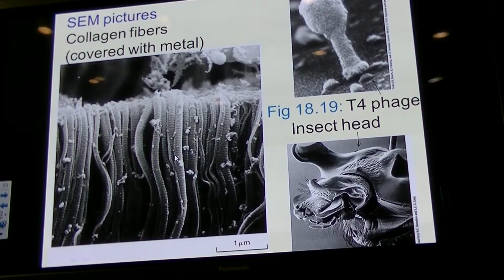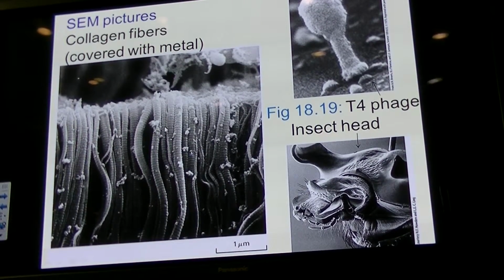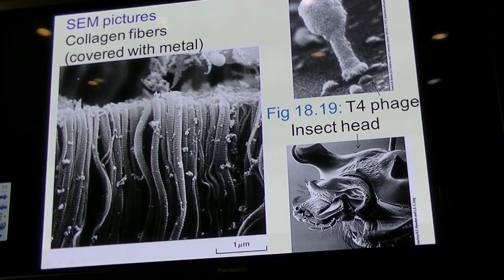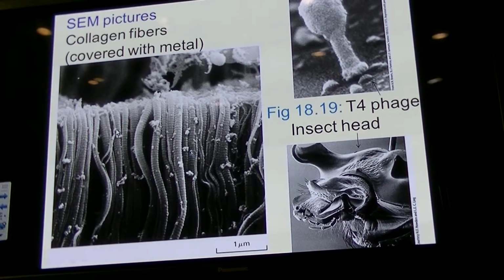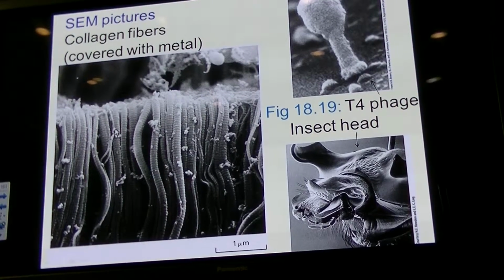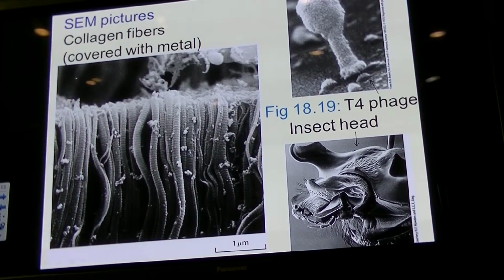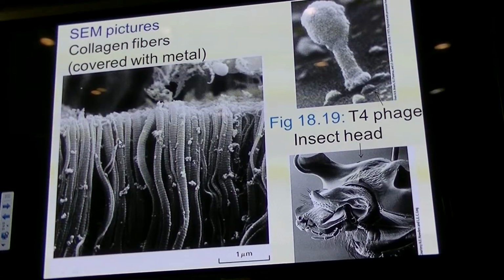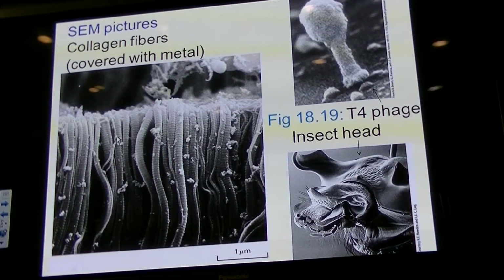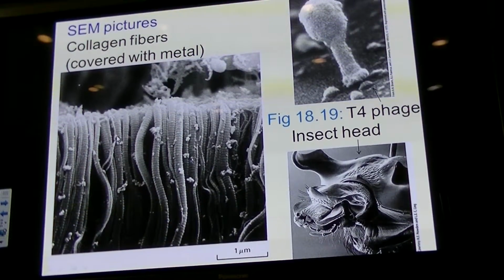Okay, we can get very high resolution also with scanning EM, but we have to remember we're always looking at the metal that covers the biological material. So here we have fibers of collagen. Collagen is a protein that is in skin and I think also in hairs. It's a sort of connective tissue type of material. There are many types of collagen, by the way.